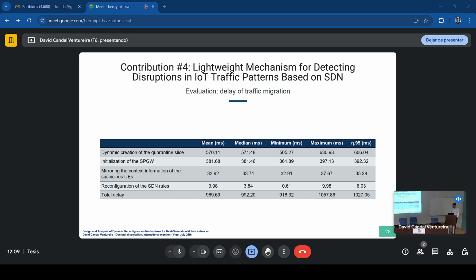These stages took almost 1 second in the first phase and 34 milliseconds and 4 milliseconds in the other two. But note that this does not mean that the traffic is delayed during this time. What it means is that the traffic is still processed through the original slice until all these 4 steps are performed.